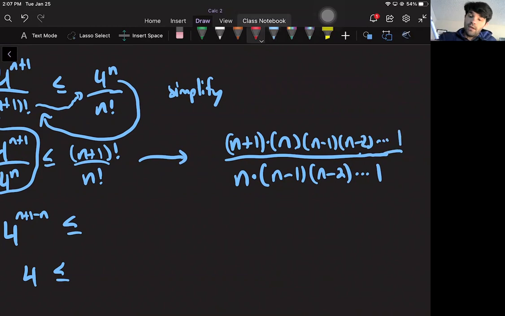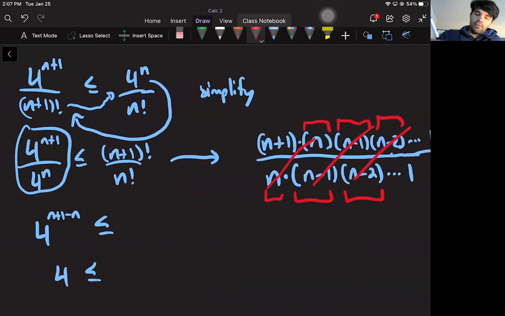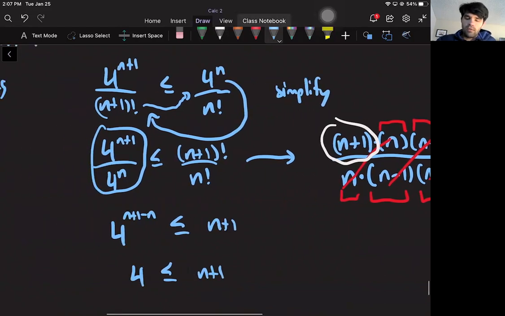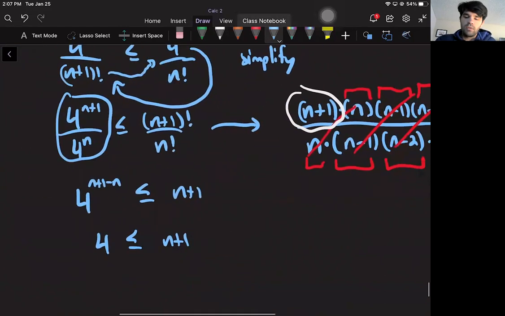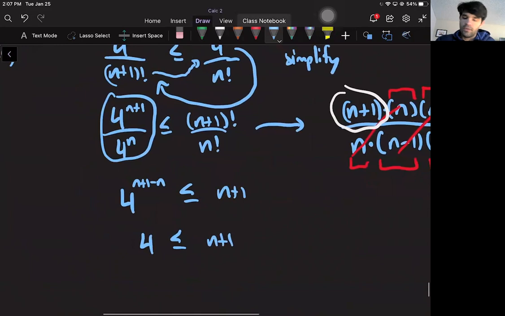And so what's happening here is that these are the exact same thing, except the top has one extra term. And so these all divide out, and you just get left with this n plus 1. So that's a nice little shortcut for dividing two factorials. You write out the terms and see if they secretly cancel, like in this case.